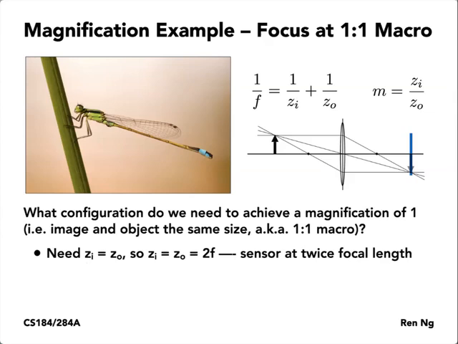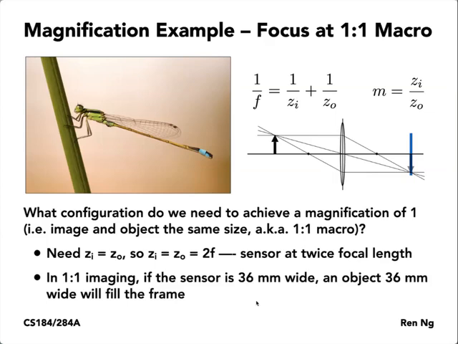And so from the thin lens equation, Z sub I and Z sub O each need to be 2F, so that the sum of their reciprocals is equal to 1 over F. So in one-to-one imaging, we end up putting the sensor at a pretty large distance, twice the focal length. We need to push it back from the lens to twice the focal length. And we have to bring the object very close to the camera, also at a distance equal to twice the focal length.